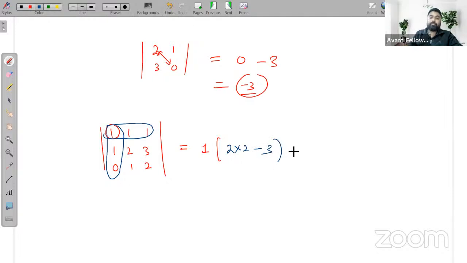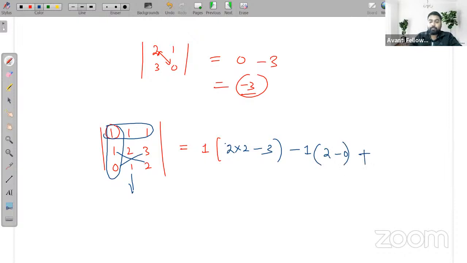Then minus, because if we take the second element of the first row, you need to give a sign of minus here. So if I take 1, then forget about row 1 and column 2, because the corresponding column of the element 1 is column 2. After neglecting these row and column, what you have is 1 into 2, 3 into 0, that is 2 minus 0.